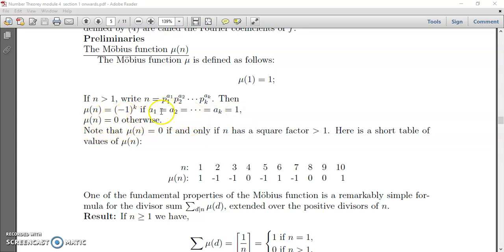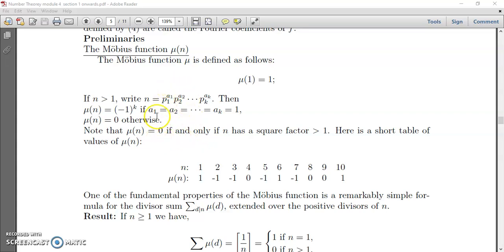That is, if the prime factors are exactly distinct, then mu of n is minus 1 raised to k, otherwise it is 0. So let us note that mu of n is equal to 0 if and only if n has a square factor greater than 1.